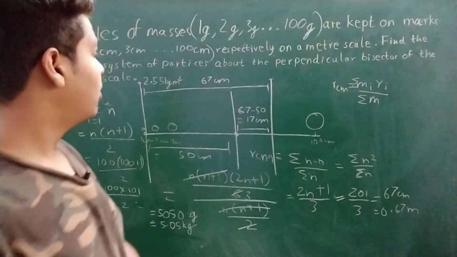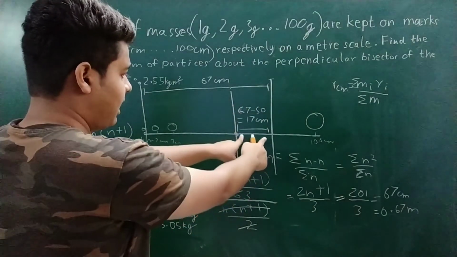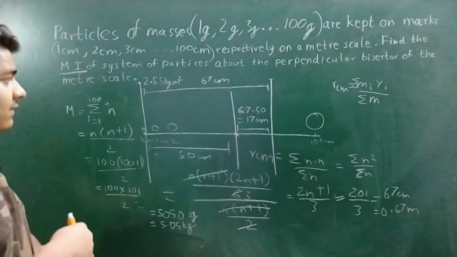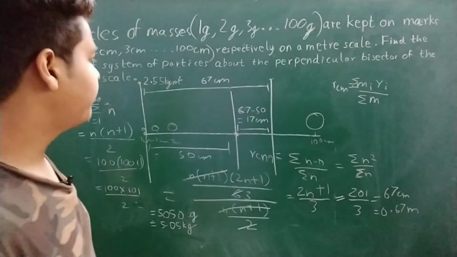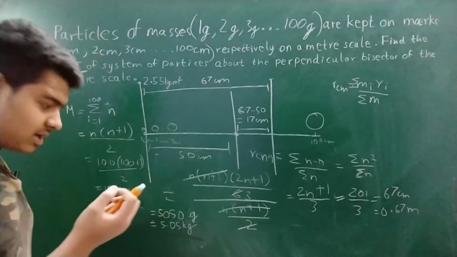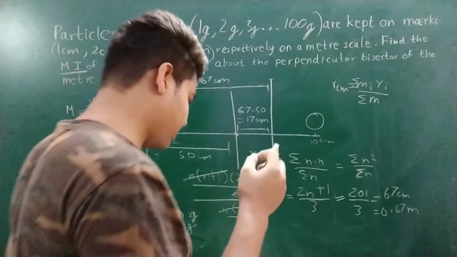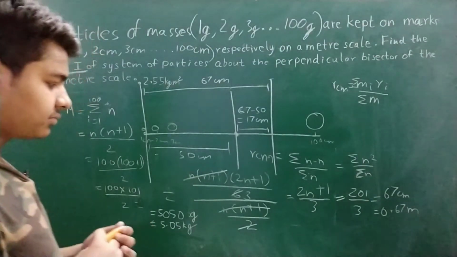Now we have two radii, the first one is 67 centimeter and the second one is 17 centimeter. Let us consider the initial moment of inertia about the center of mass, which we all consider as I naught.